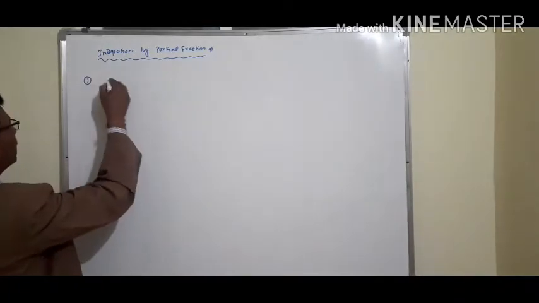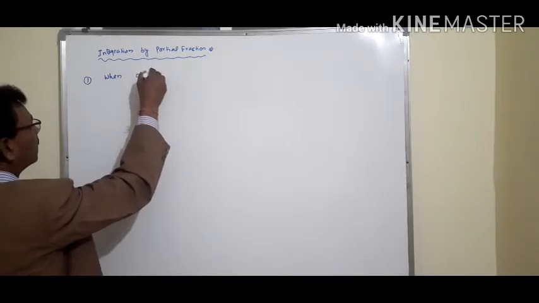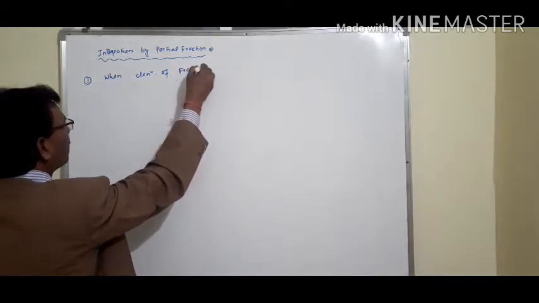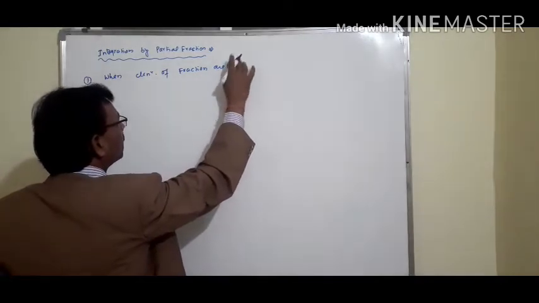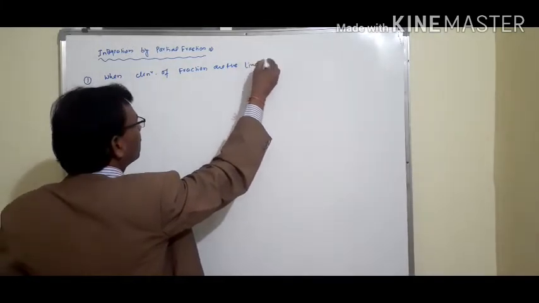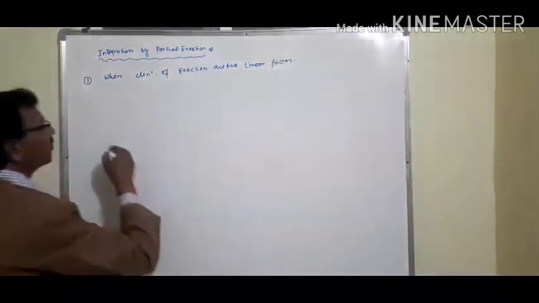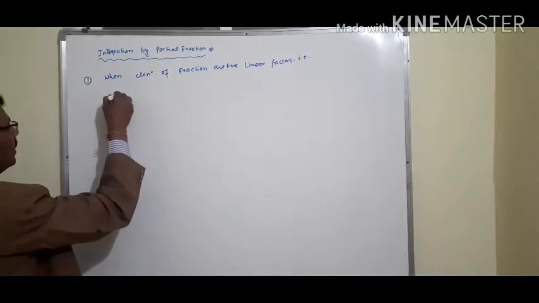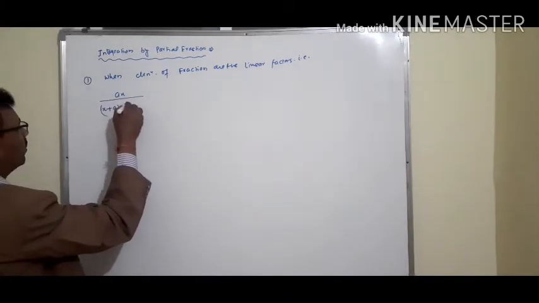First type of partial fraction: when the denominator of the fraction has linear factors, that is, ax upon (x plus a) into (x plus b).